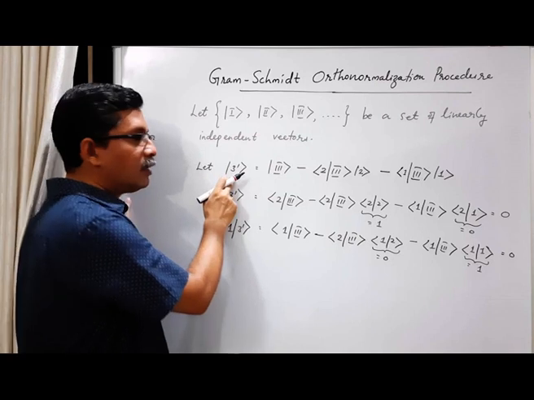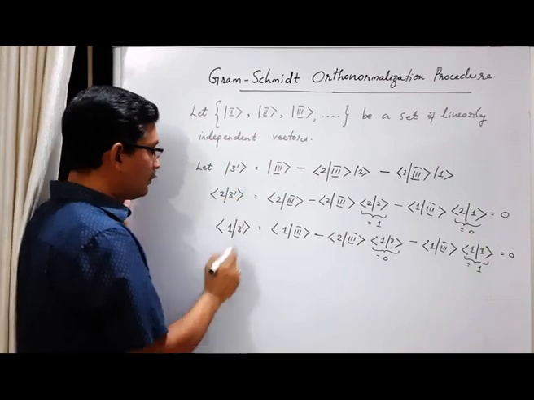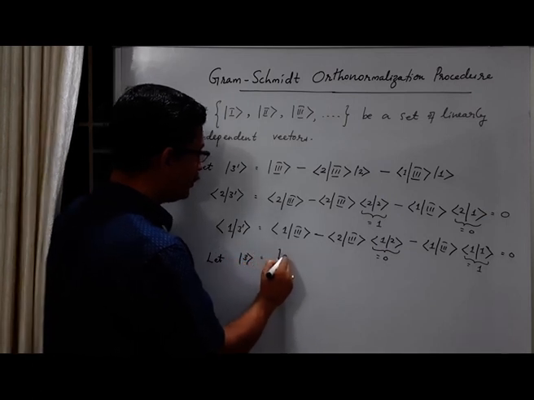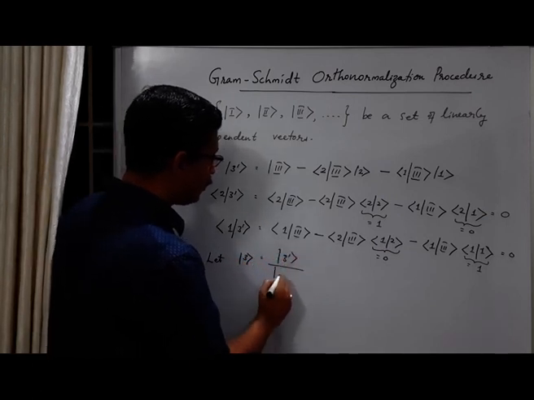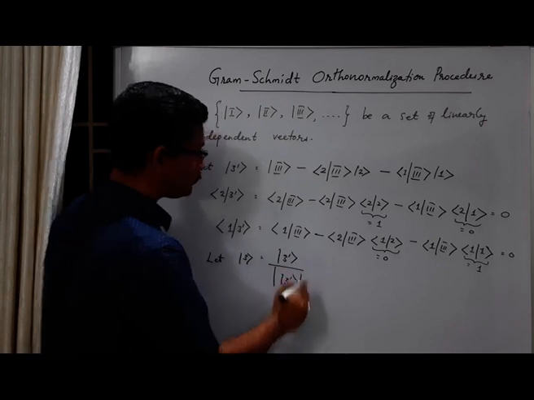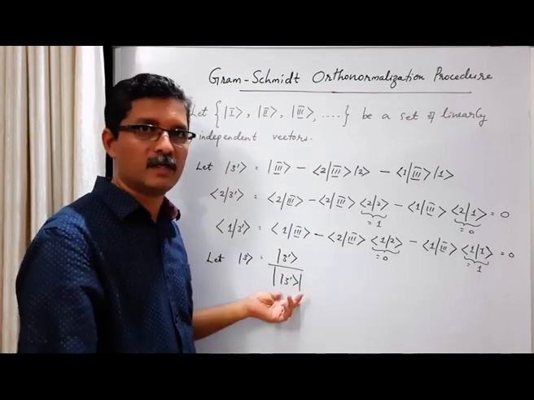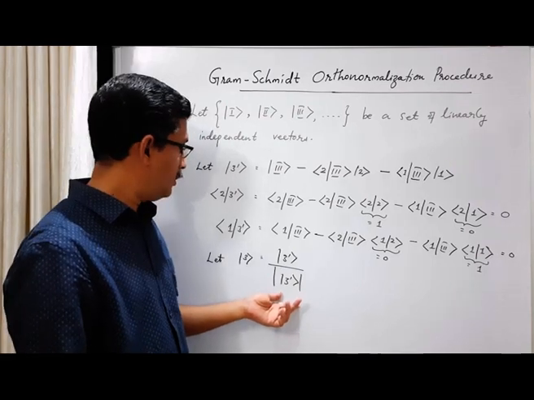Now the only thing remaining is we have to normalize this one. So let simply |3⟩ equal |3'⟩ divided by the modulus of |3'⟩. The modulus we can evaluate by taking the inner product of |3'⟩ with itself and taking the square root.